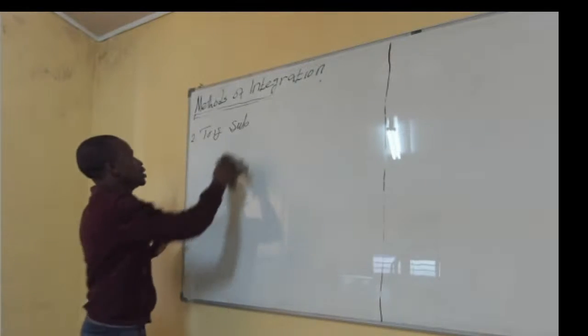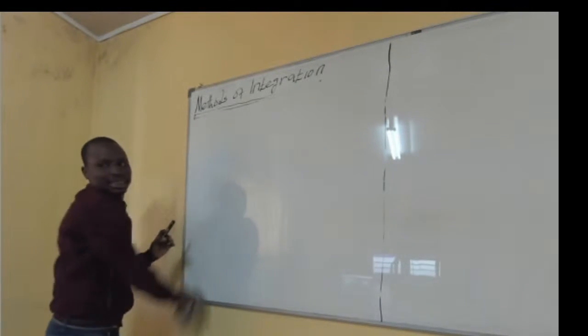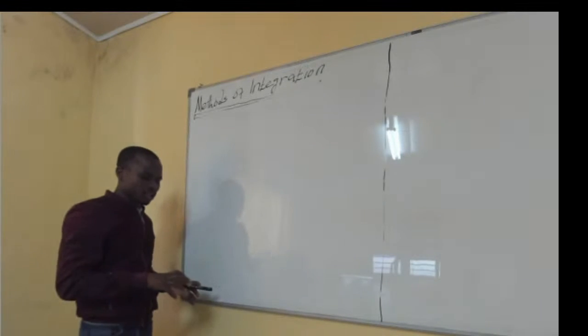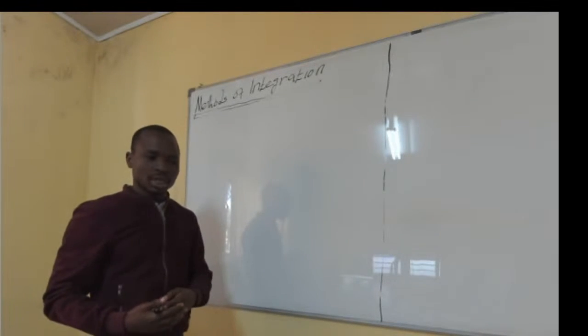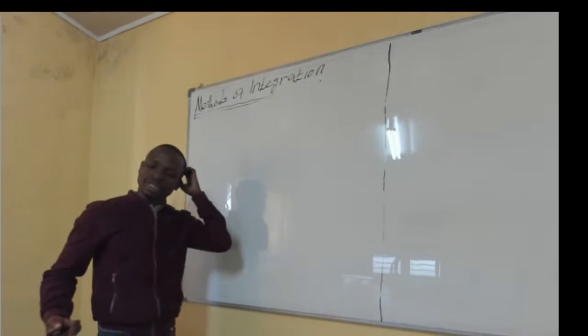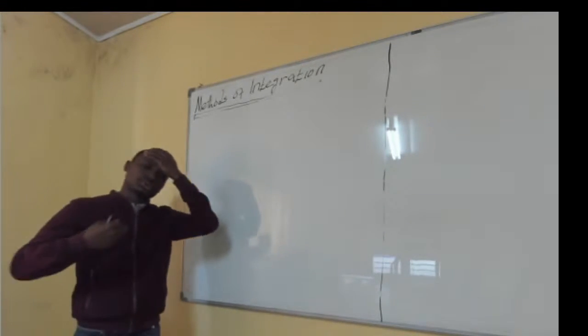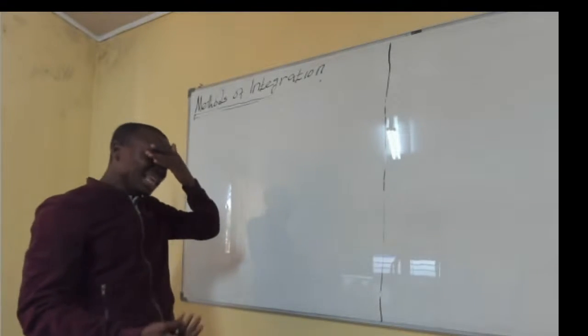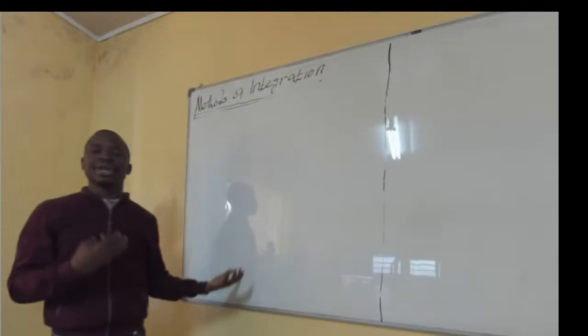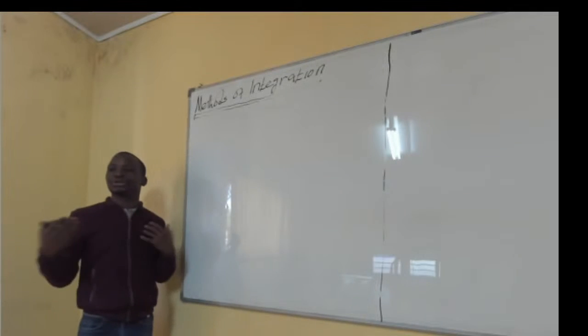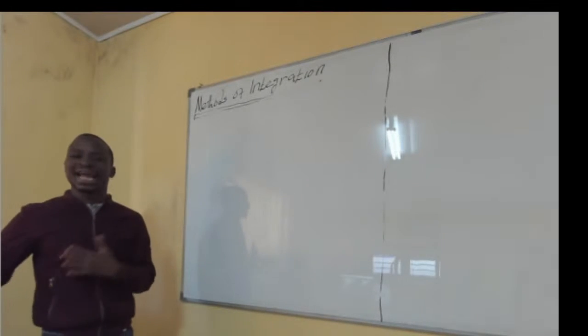Now, what happens is this. Other functions, you can substitute some simple trigonometric functions or some algebraic functions, and then you solve your question. But other functions, you need to bring in trigonometric identities or hyperbolic identities.